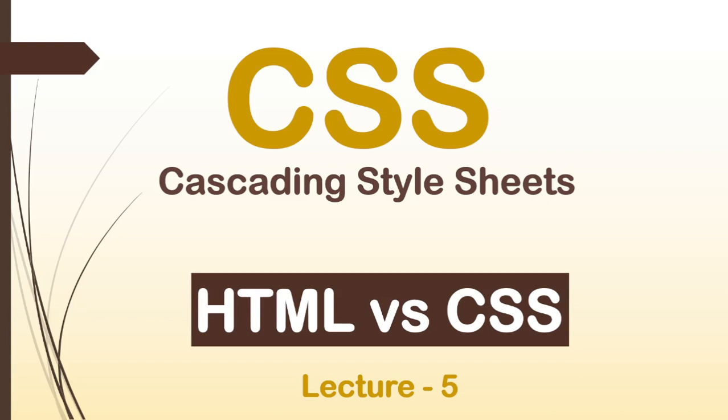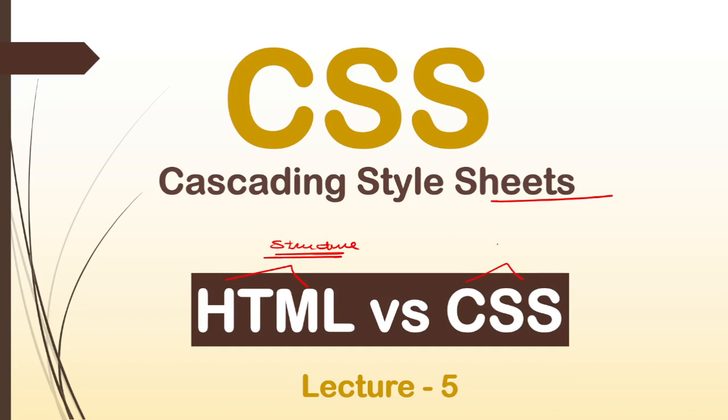So first of all, you always know what is the meaning of HTML. HTML stands for Hypertext Markup Language. And CSS stands for what? It stands for Cascading Style Sheets. HTML is generally a standard markup language that is used to describe the structure of a web page. In simple language, we can say that HTML is used to design the structure of any web page or website.